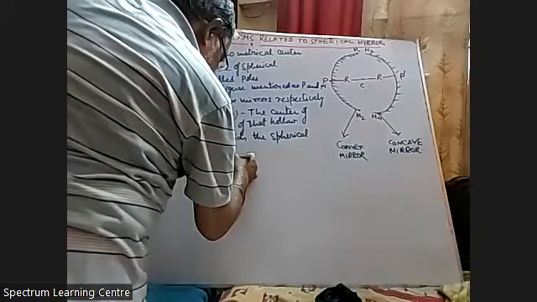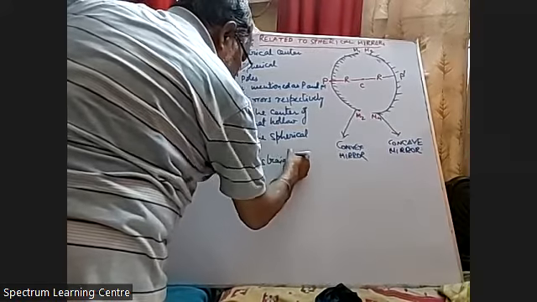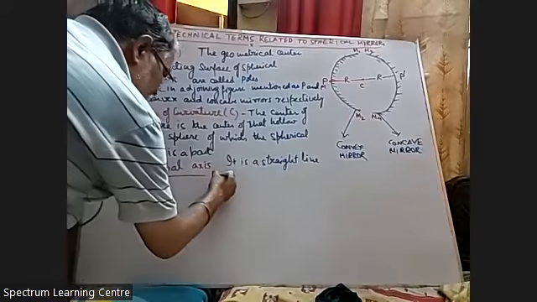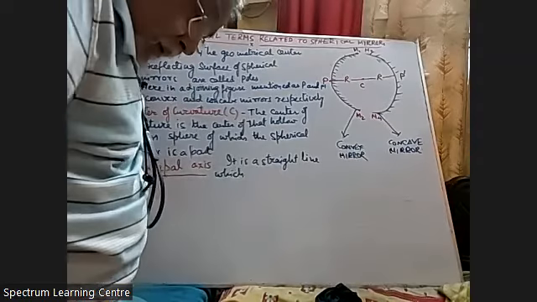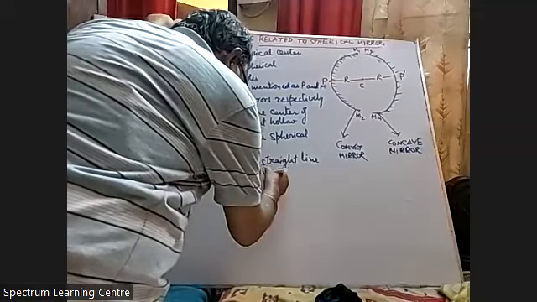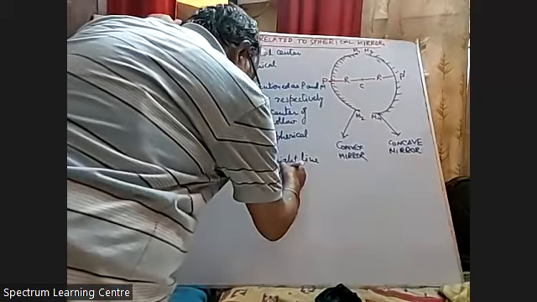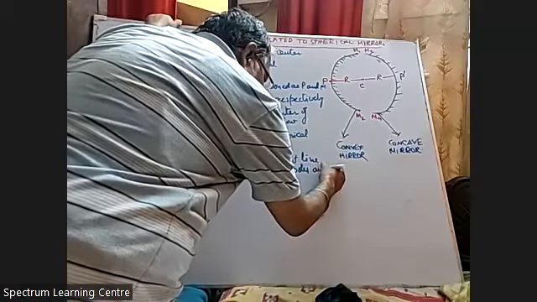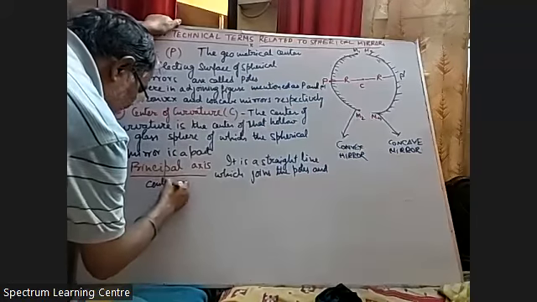It is a straight line which joins the poles and centers of curvature.